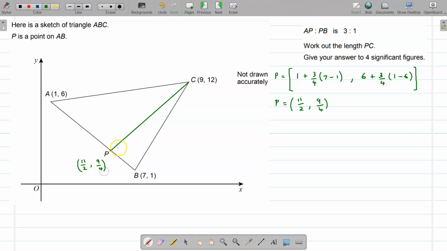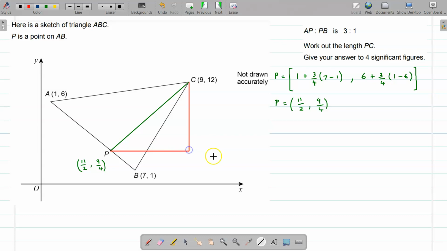Okay, so to get this length now, we need to use Pythagoras' theorem. So what I'm going to do is just bring a line down here. Okay, bring a straight line down there, bring a straight line across here.